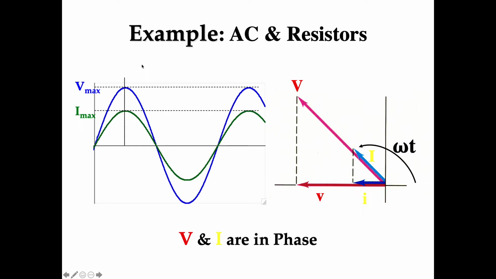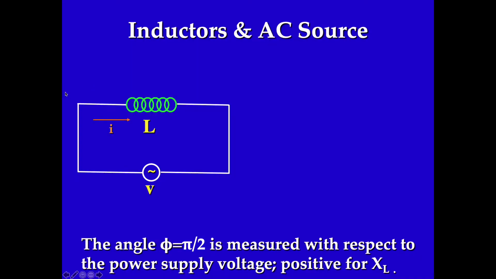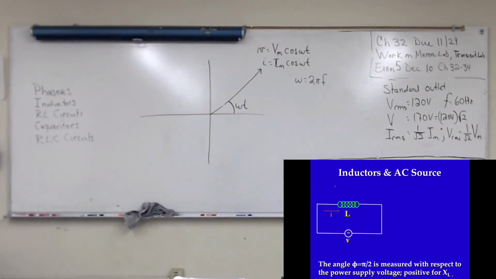Now, in this particular case, V and I are in phase, but when we look at circuits that have inductors and capacitors and resistors in them, V and I are not going to be in phase. And we'll see that soon. I'm going to use this idea of the phasor to analyze various circuits. So let's start with an inductor.